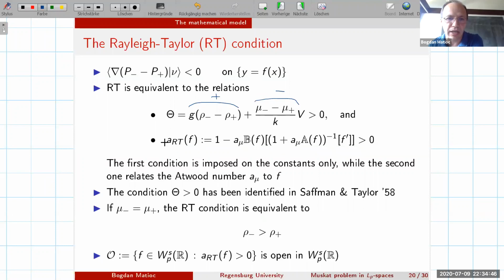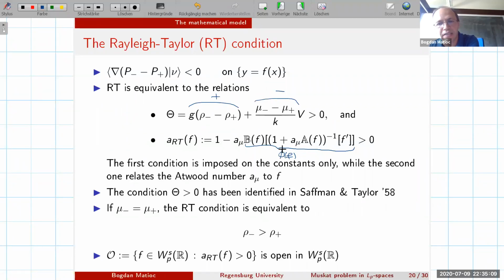But there is a second relation, and this is a relation related to a_mu and f. Here you see this operator, which is up to a constant simply the nonlinearity phi of f. And because this lives in W^{s-1}_p, it vanishes in particular at infinity.